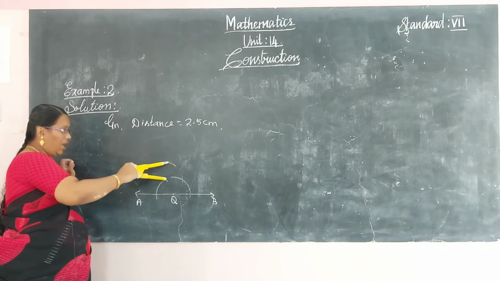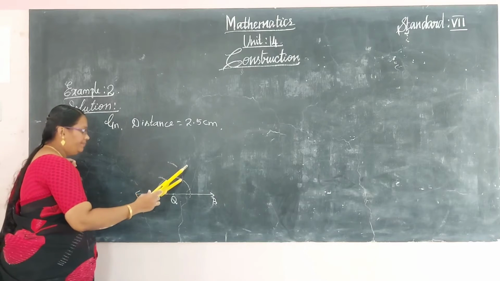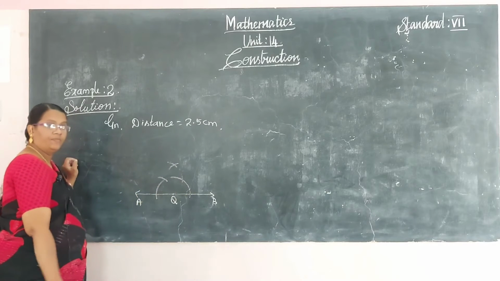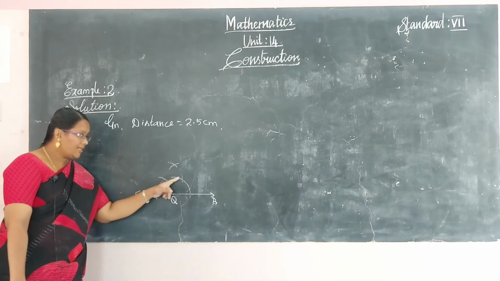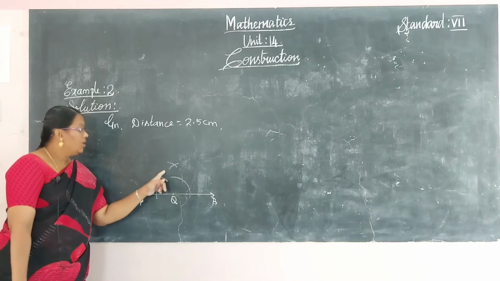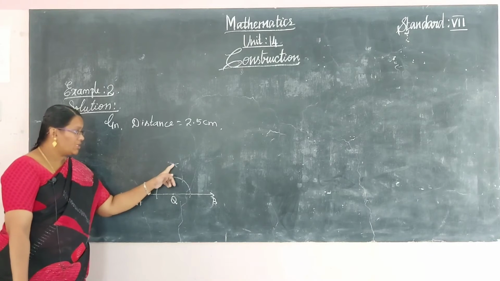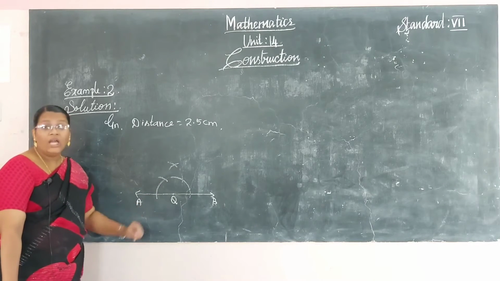From the intersecting arcs, we draw two arcs. These two intersecting arcs meet at one point. Now join that point with Q.